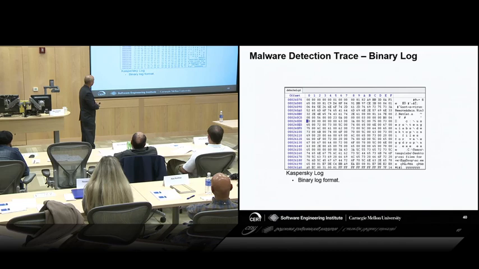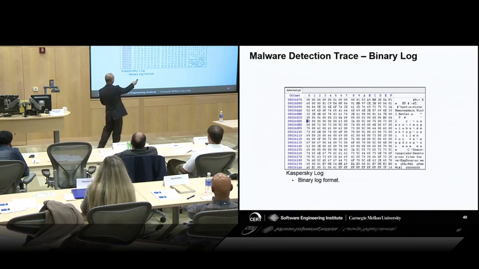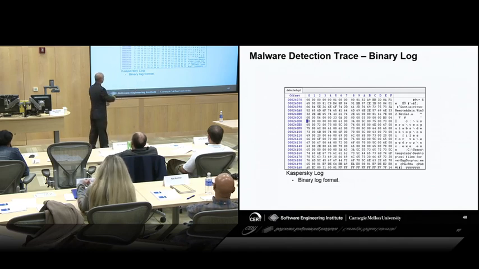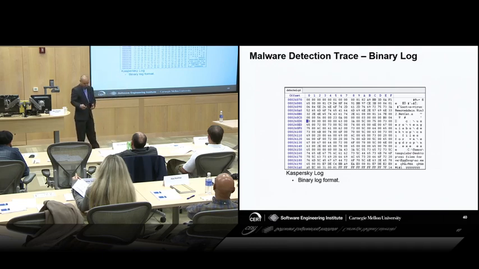And as I mentioned before, some logs are in binary format. You can look at them using a hex reader like this, but generally speaking, they show up like that. So you'll have to take that into consideration when you go and look for malware through the antivirus logs.